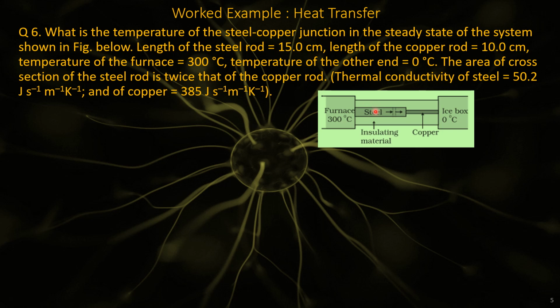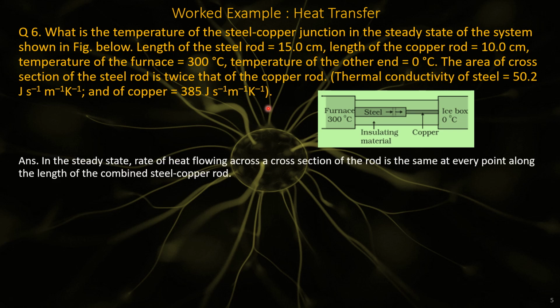So the copper rod is thinner and the steel rod is thicker, that is, its area is twice that of copper. Thermal conductivity of steel is given as 50.2 joules per second per meter per Kelvin and copper is 385 joules per second per meter per Kelvin. This is also given in the previous table.